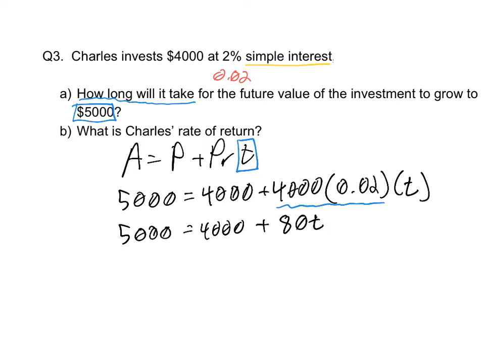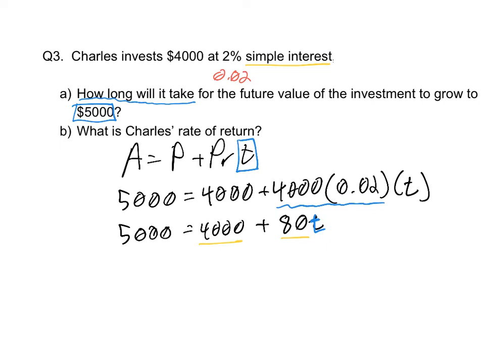So our goal here is to get T by itself, which means that we're going to have to remove this 4,000 from the right-hand side of our equation and remove this 80 from the right-hand side of the equation. And the easiest approach to this is typically to remove things that are not directly being multiplied or divided by our variable T, so what we're looking for.